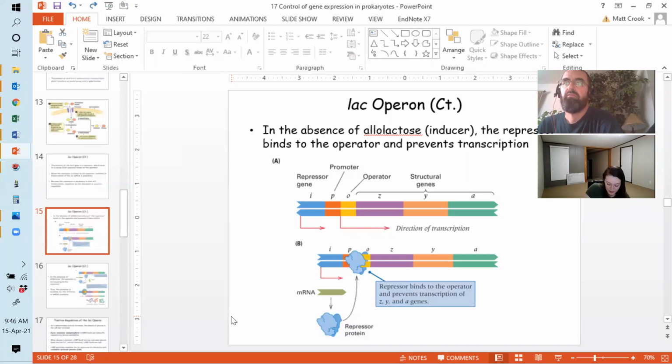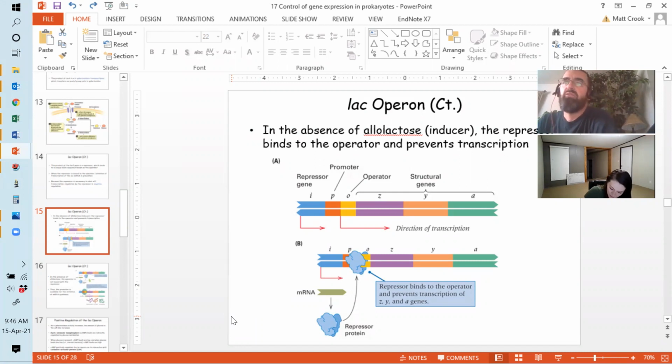And when there is lactose, then that shape changes and it will not bind. So it can't grab onto the DNA. It doesn't actually look like a pair of hands, obviously.